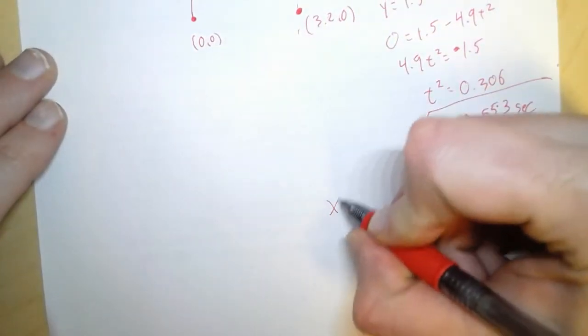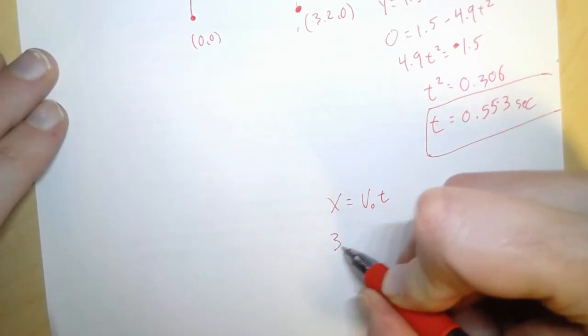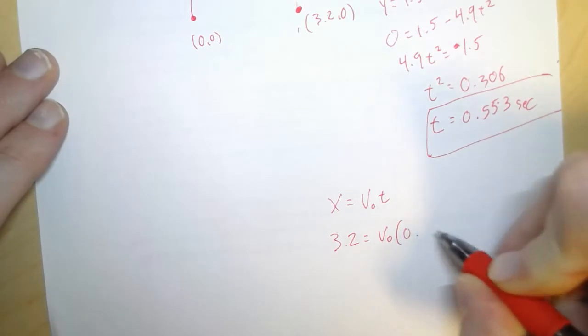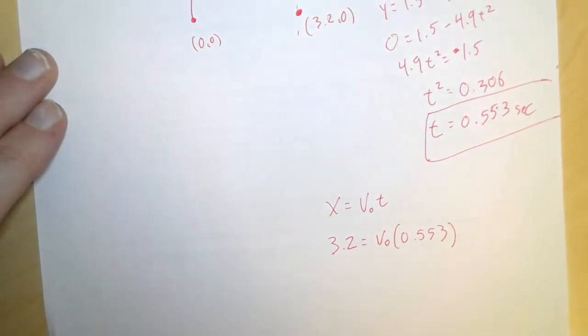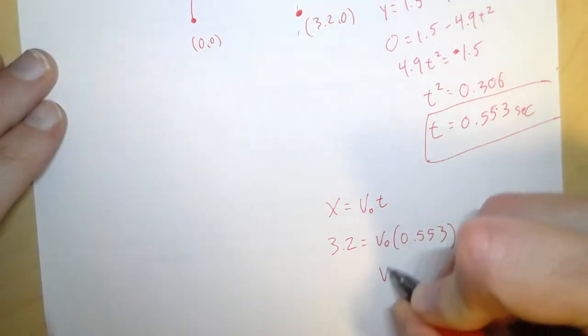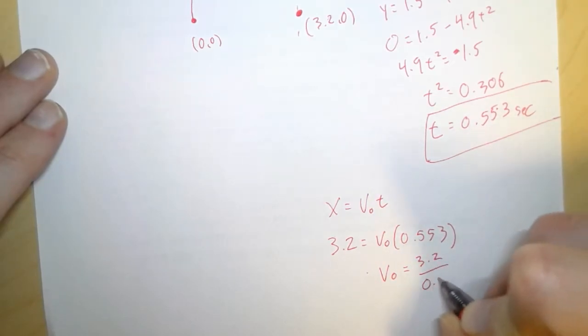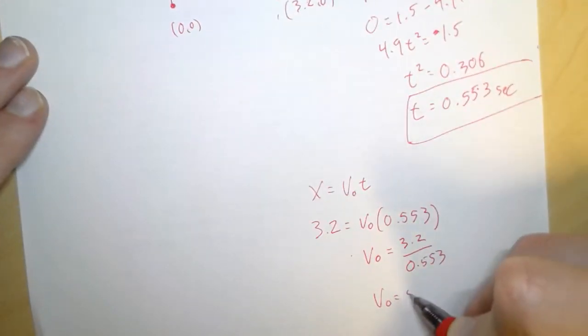So I take my equation, x equals v0 t, and plug in what I know, 3.2 for x, and 0.553 in for time. So we'll divide 3.2 by 0.553, and so v0 equals 3.2 over 0.553.